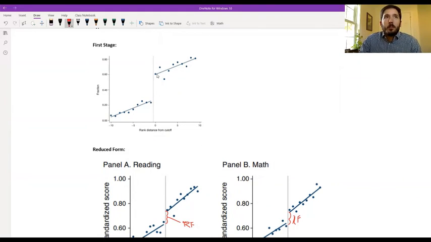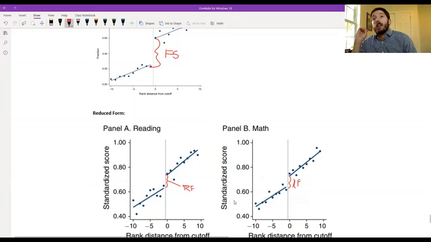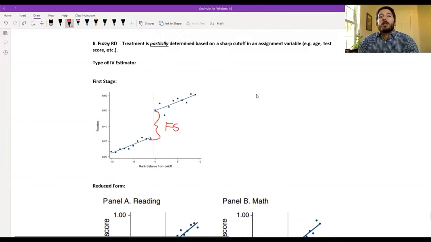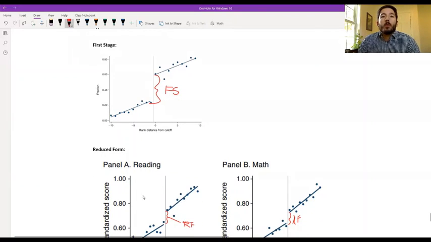Remember, we would divide those by our first stage estimates to back out the local average treatment effect, the effect of being put into this tracked classroom on reading and math, at least for people close to that cutoff, because those are the only people we're using the variation from to get this estimate.